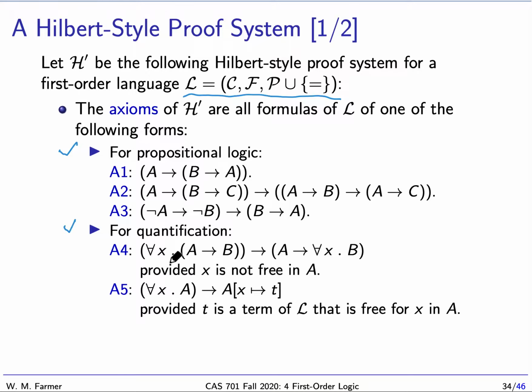The first says that for all x, A implies B implies A implies for all x B, and this is true provided x is not free in A. So if x is not free in A, we can push that quantifier through the implication to the antecedent. The second axiom is what's called universal instantiation.